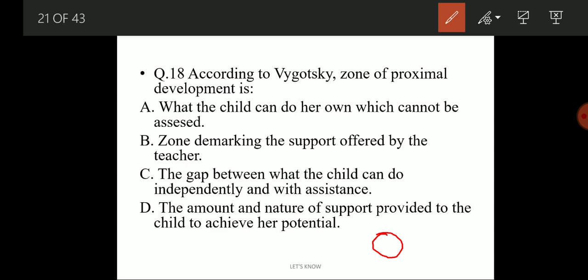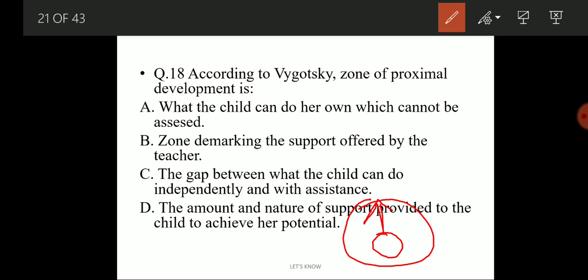Okay, but there is a range which he cannot solve by himself. Here he needs some support. This zone is known as proximal development. This gap is between the zone of himself doing and where he needs some support from a more knowledgeable person.